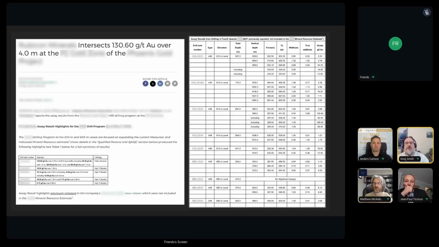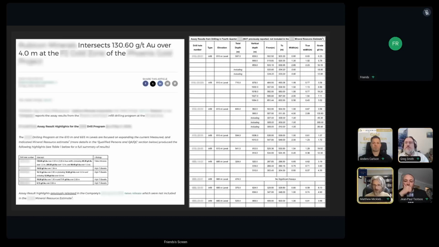If your grade is 130 grams, then you can have all the dilution in the world. Likewise, if it's 19, but if you're looking at some of these intercepts that are 3 or 4 or 8 grams even, if you get excess dilution, then you might be basically making ore into waste.